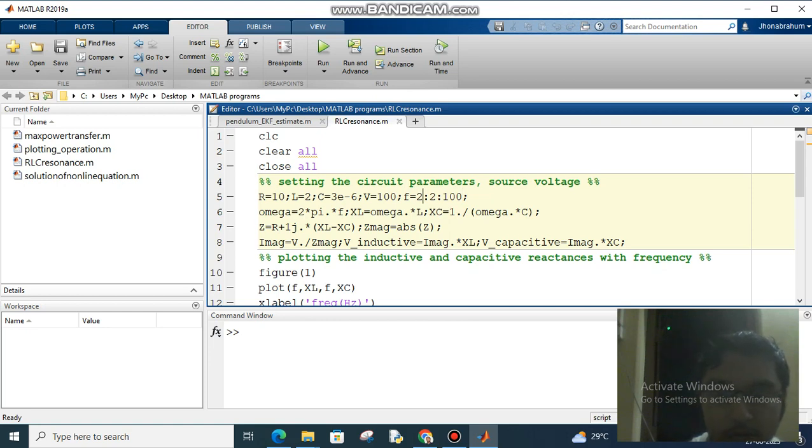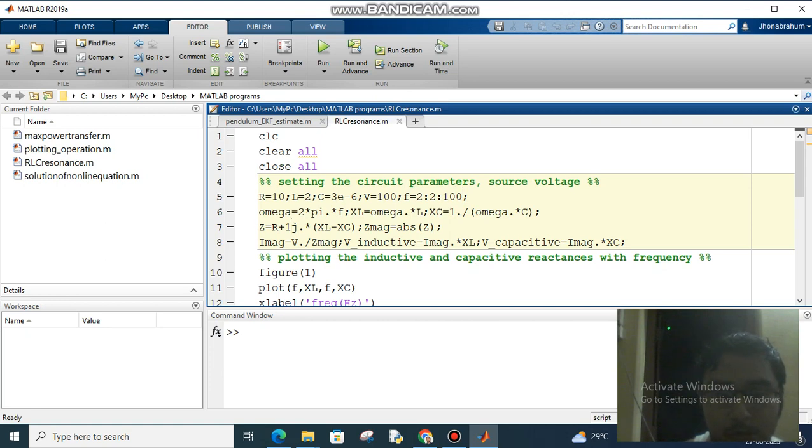We start the frequency at 2 Hz, and the final value is 100. So between 2 and 100 we will vary the frequency with a step size of 2.